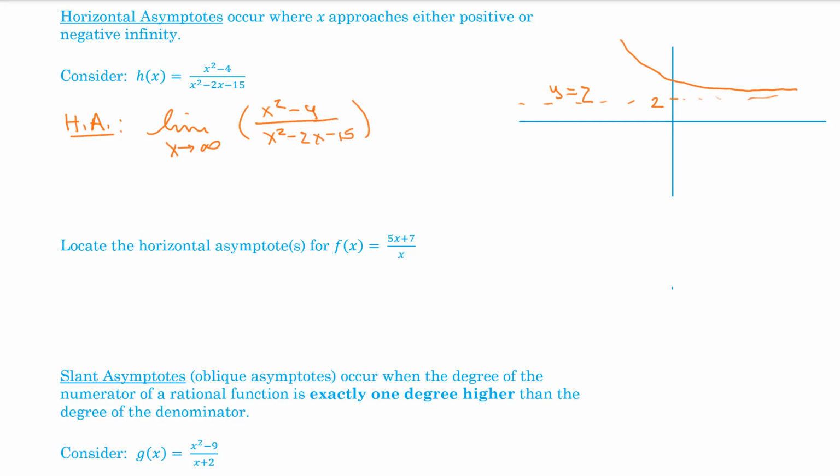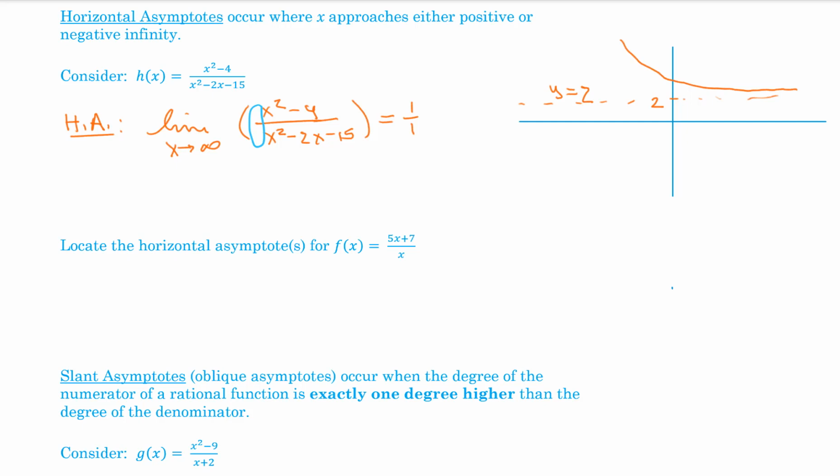Now, you need to pull up some of the properties of limits at infinity that we worked on earlier. Recall that if the numerator and the denominator have the same degree, in other words, the same power of exponent, all you do is take the coefficients off of those two, in this case, one in the numerator, one in the denominator. We have a horizontal asymptote as y approaches 1.